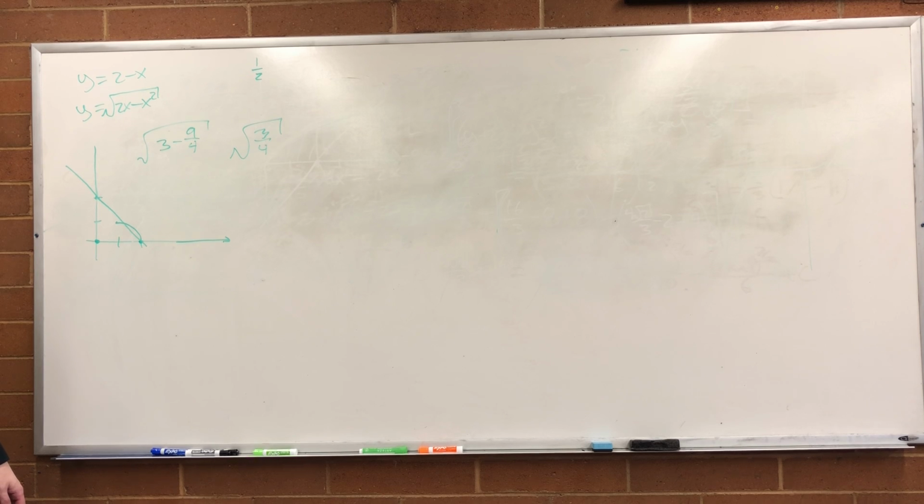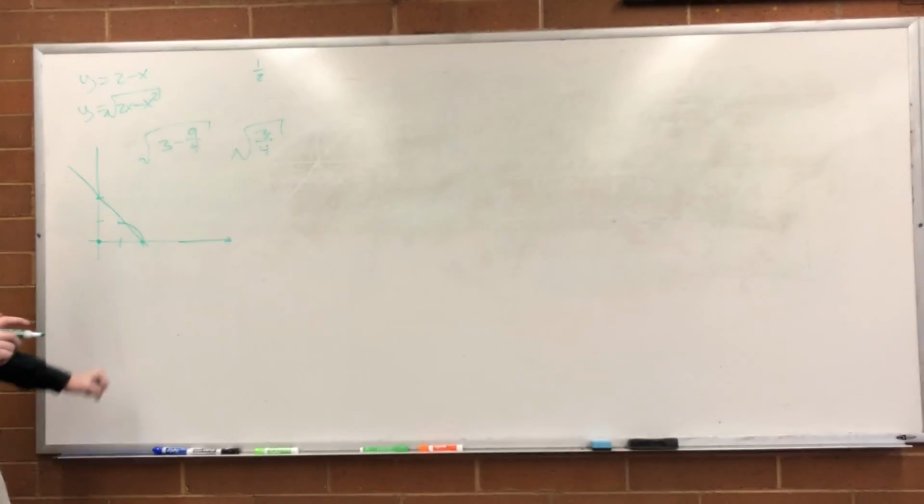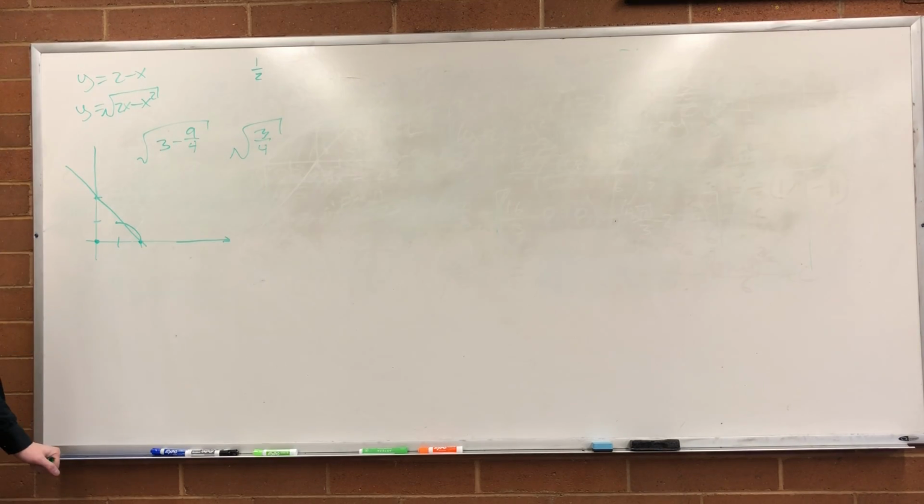I'm trying to find good intuition for it. What's the square root of 1/4? What times what gives me 1/4? 1/2. So 3/4 has got to go up. Okay, so there's intuition.